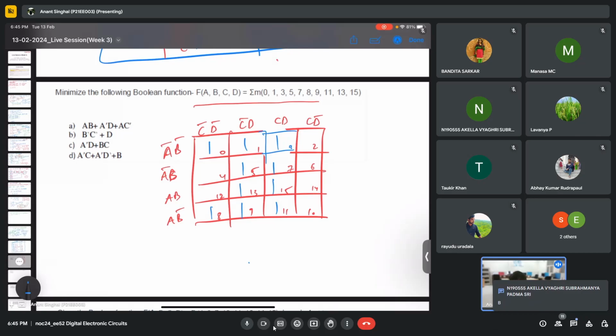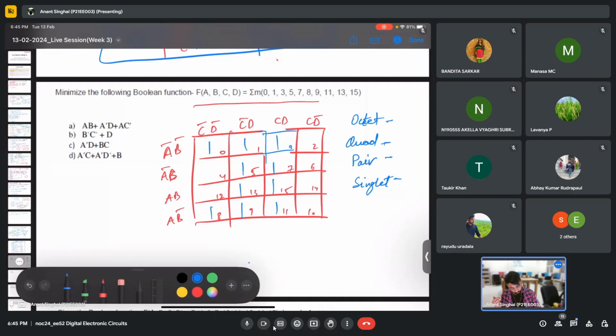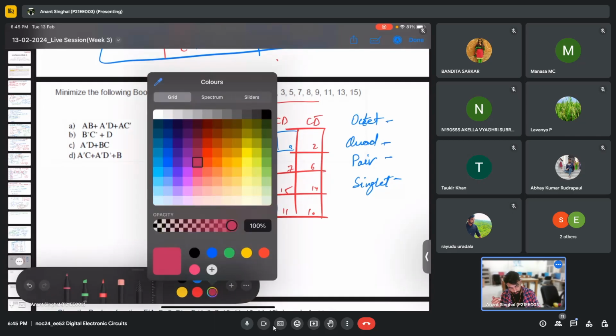So we can have four things in a K-map, that is octet, quad, pair, or a singlet. So what will be the number of all these things? Can someone quickly tell what they are getting? Anyone?